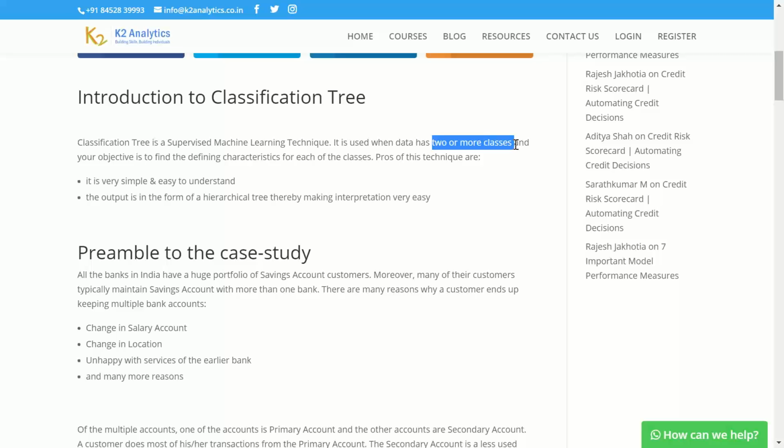So there are many such problem statements where you have to predict the class to which a particular record, a particular object, a particular customer may belong. And this kind of problem statement is a classification problem.